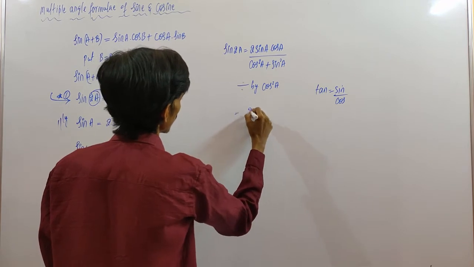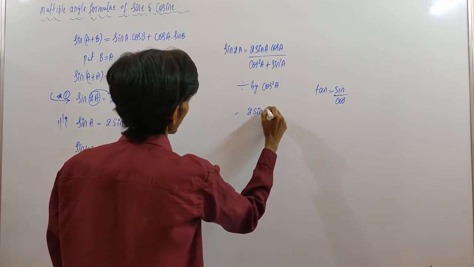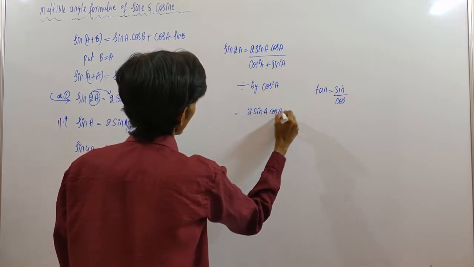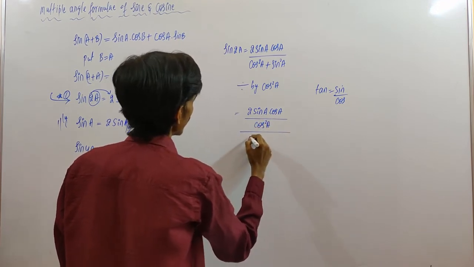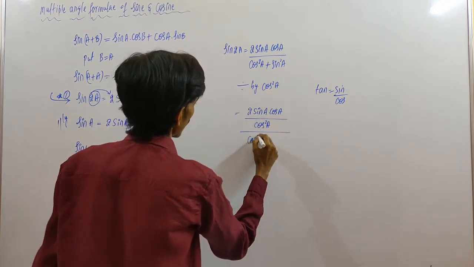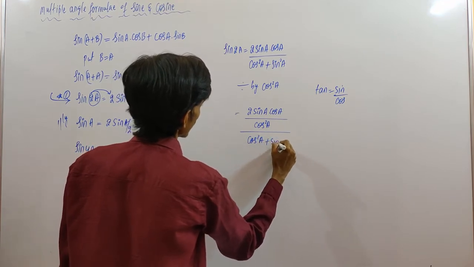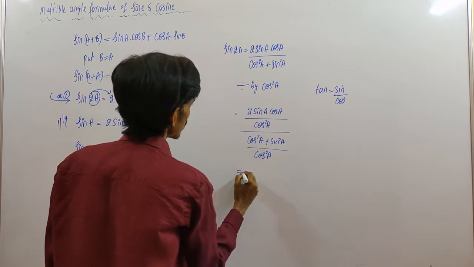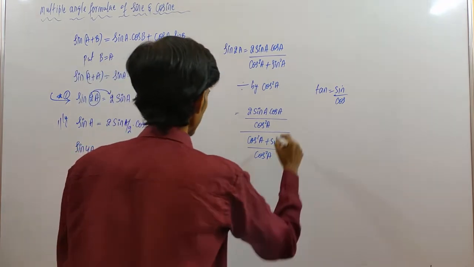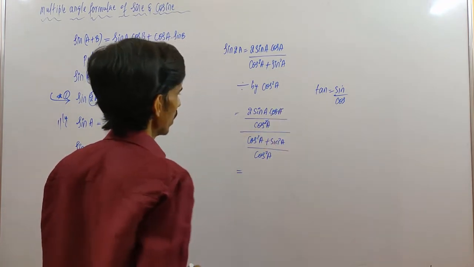It will become 2 sin A cos A divided by cos square A, over cos square A divided by cos square A plus sin square A divided by cos square A. These will get cancelled.